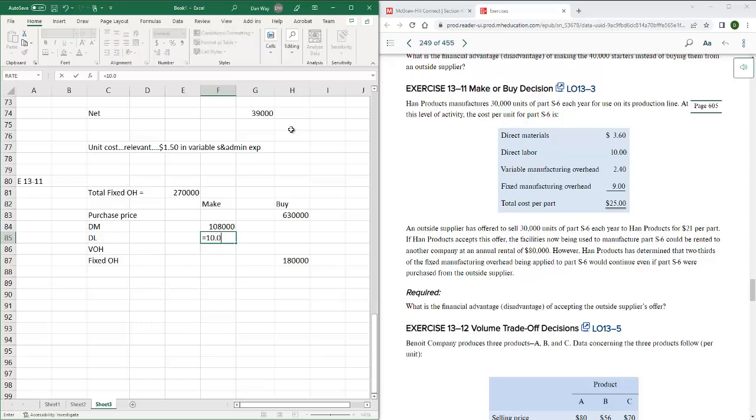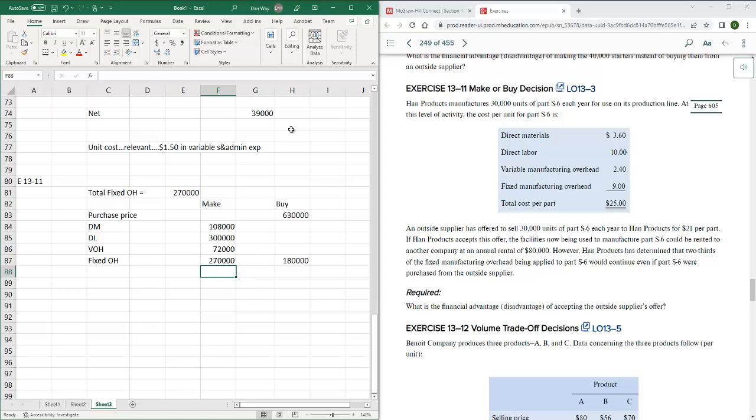Direct labor is an average of $10 per unit, so times 30,000 means a total of $300,000. Variable overhead is $2.40 a unit times 30,000 for a total of $72,000. And then fixed overhead we just determined would be the full $270,000 if we're making.